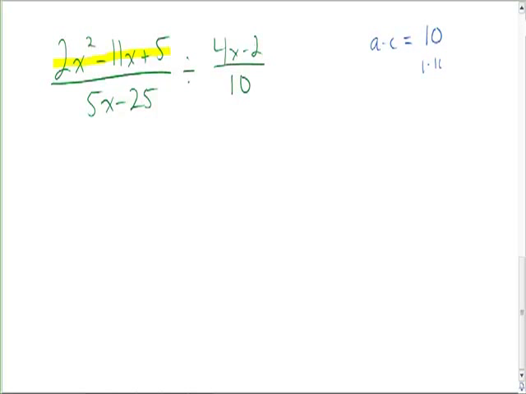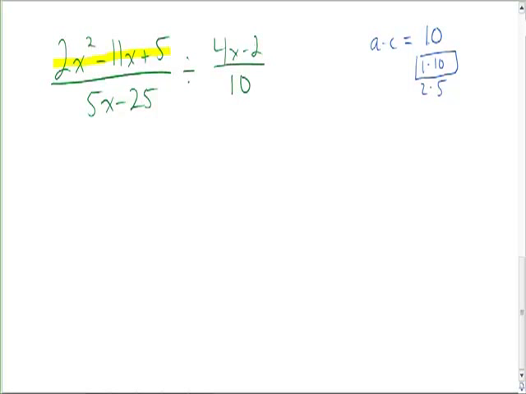Well, we've got 1 times 10, or we've got 2 times 5. And I need a pair that I can make negative 11x out of. I need that middle negative 11x. Well, looks like I'm going to have to use 1 and 10 and make them both negative. Remember, when I multiply them, they've got to be a positive. So they've got to both be negative. That will make them add to negative 11.